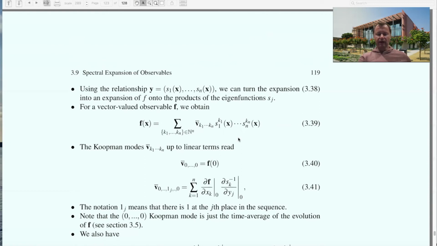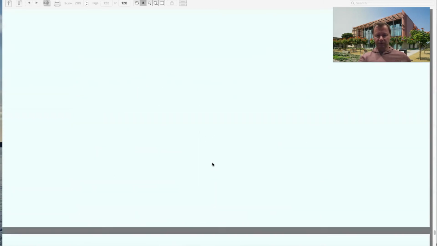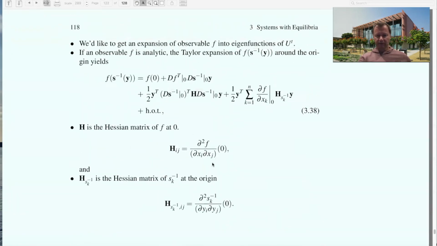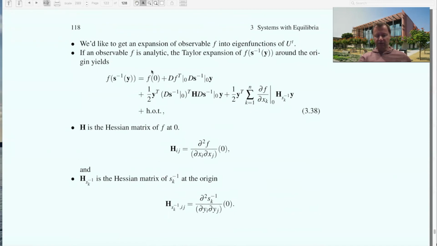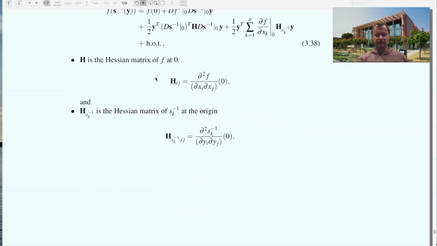Okay, so up to linear terms, let's consider these Koopman modes now. Remember, this is a fully nonlinear expansion. We have an infinite number of modes here, but the first one, if you look back, this was the scalar case, but equivalently in the vector case would be just boldface F at 0.